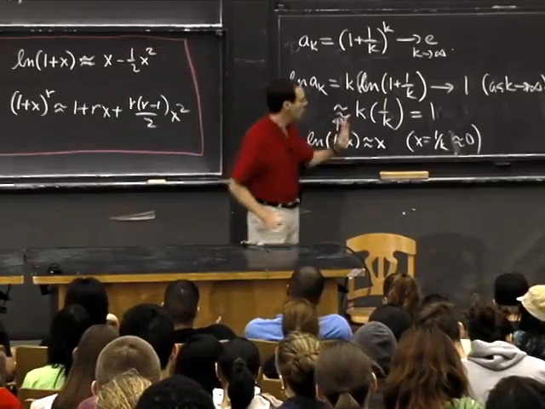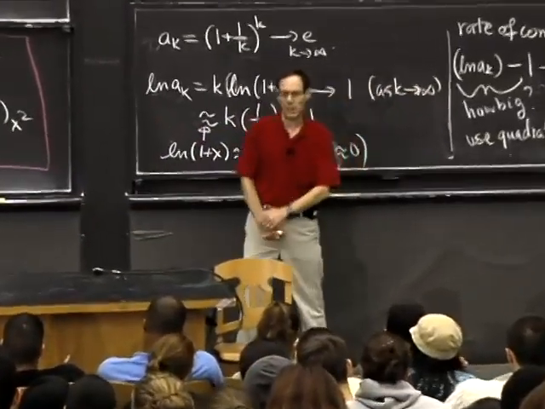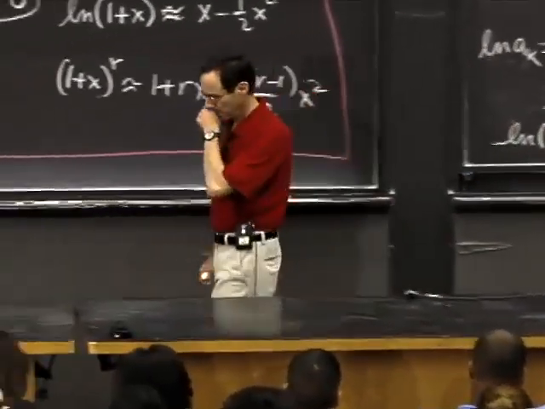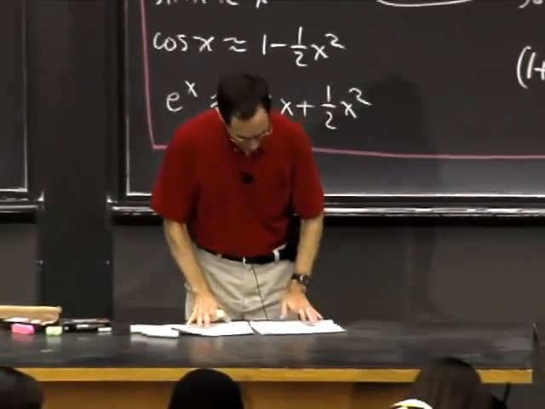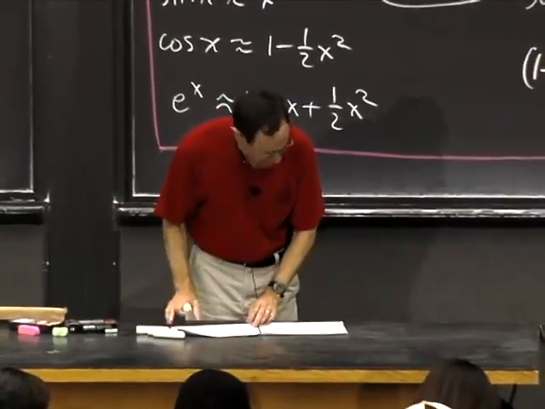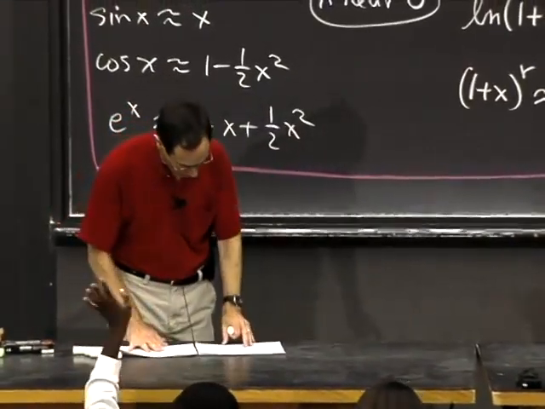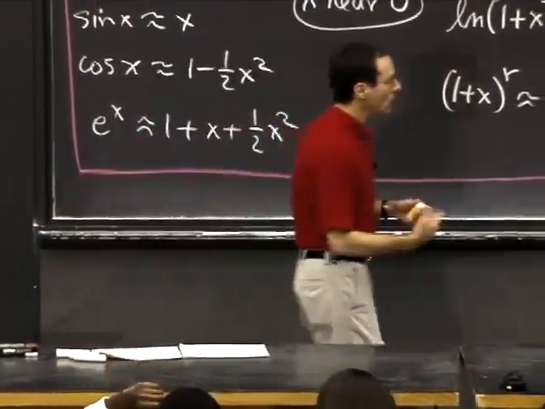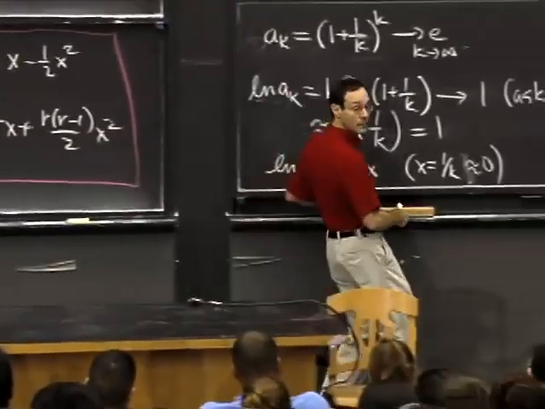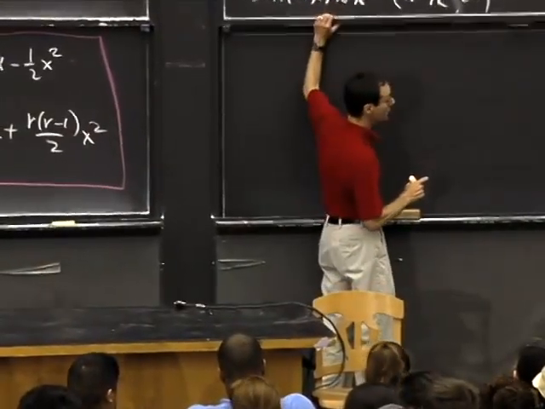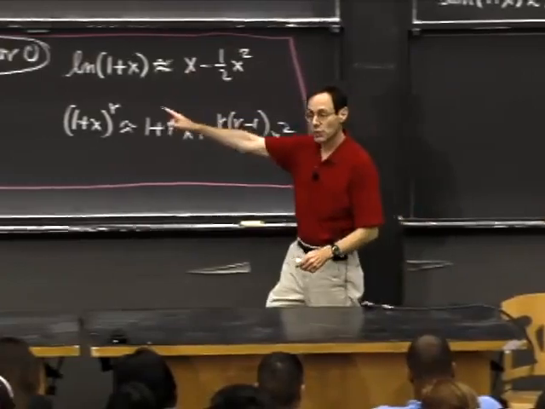So that's what's on your homework. This is on your problem set. That is more or less an explanation for one of the things that quadratic approximations are good for. And I'm going to give you one more illustration, and then we'll actually check these formulas.